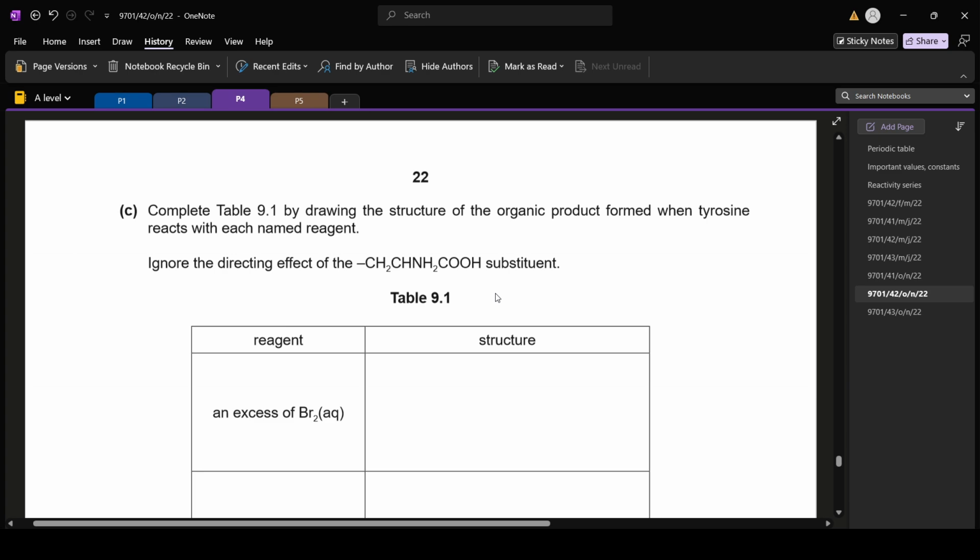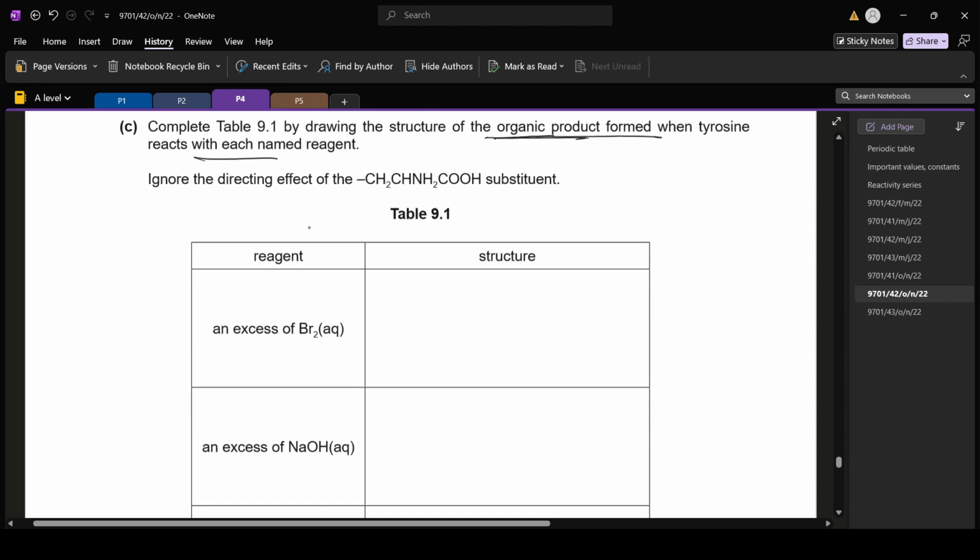Part C. Complete table 9.1 by drawing the structures of the organic product formed when the tyrosine reacts with each of the named reagents. Okay. Ignore the directing effect of this substituent. Okay.